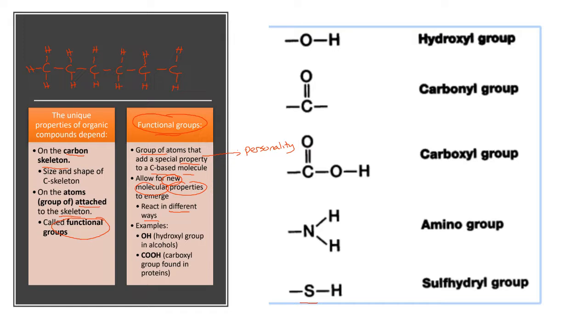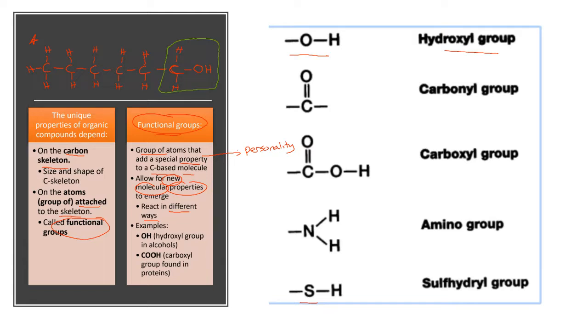So if we go back to my molecule, you can see that I didn't finish drawing it, because this carbon here needs one more bond. Instead of adding a hydrogen, I'm going to add a hydroxyl group. And this is going to make a huge difference, because this part of the molecule can now be a little bit polar.